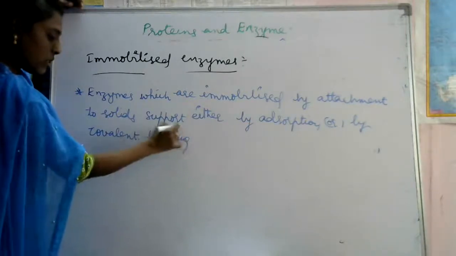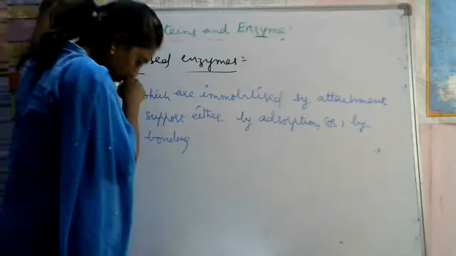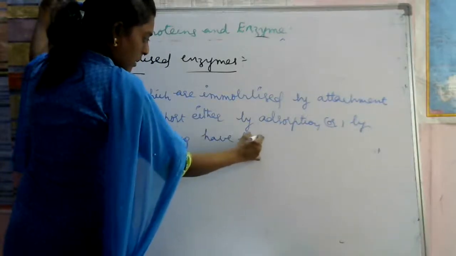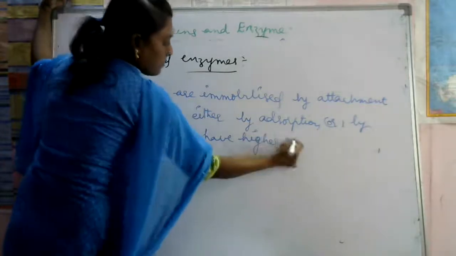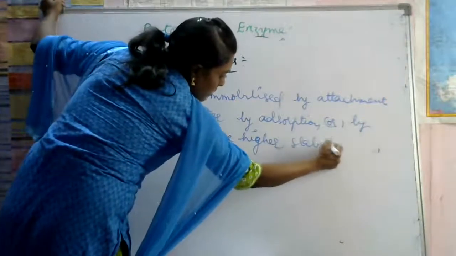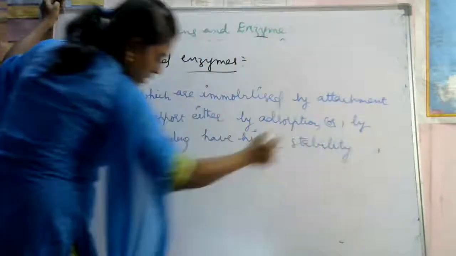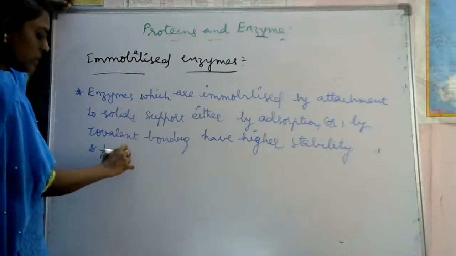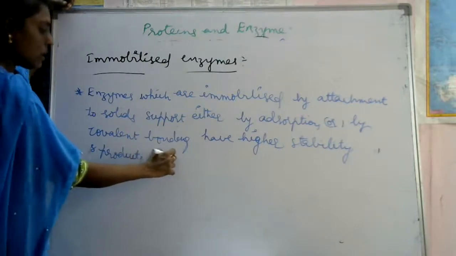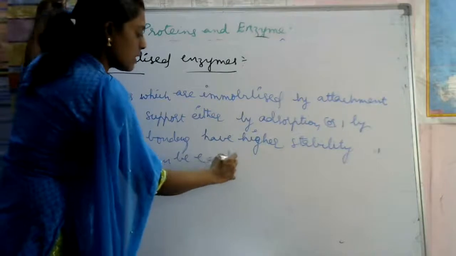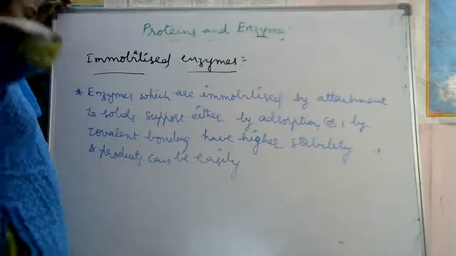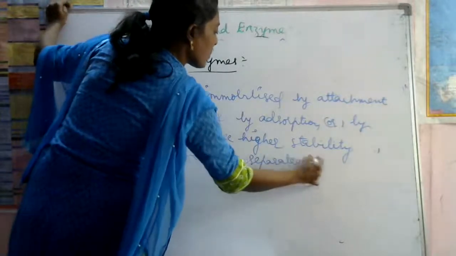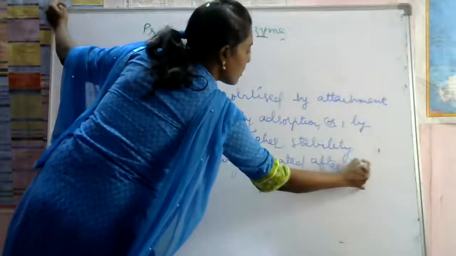By covalent bonding, we have higher stability of products, and products can be easily removed, easily separated after reaction.